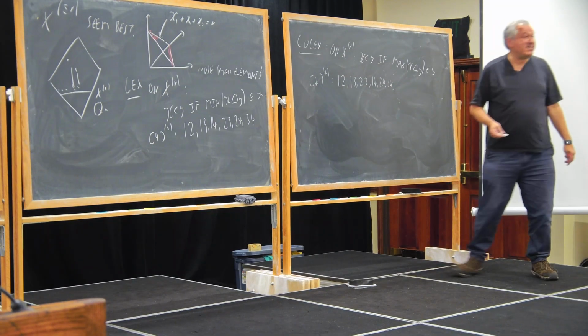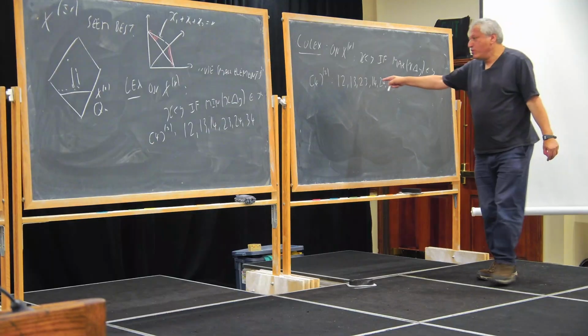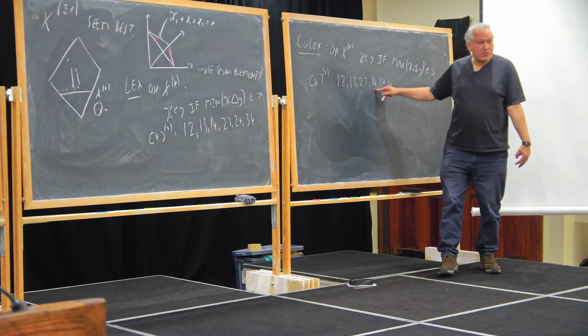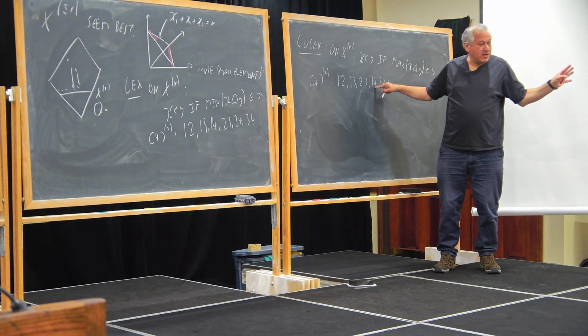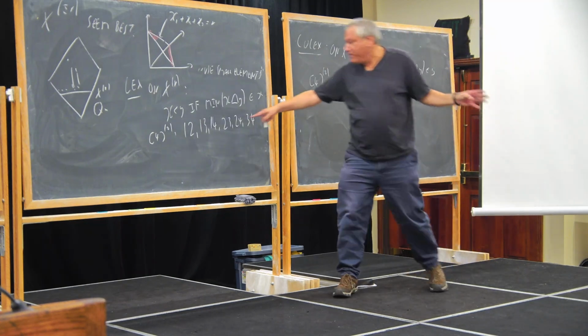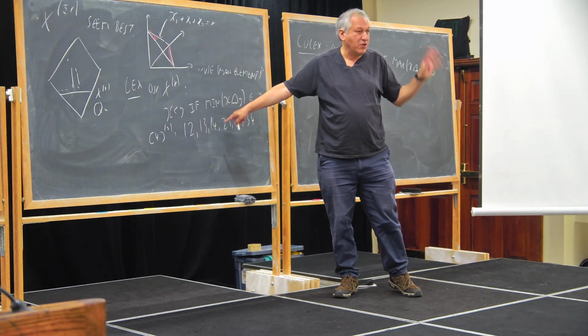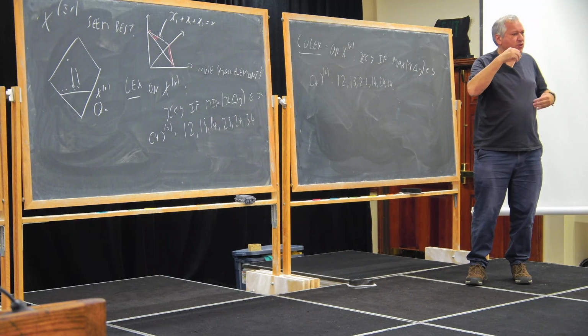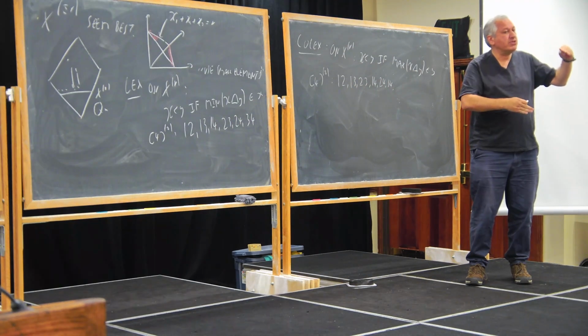So note, colex isn't lex. Because, for example, 2, 3 versus 1, 4. Colex would say, that involved a 4, it's later. But lex would say, we love 1, 4, it involves a 1, it comes before 2, 3. So not the same ordering. And they're kind of the same ordering if you take complements.